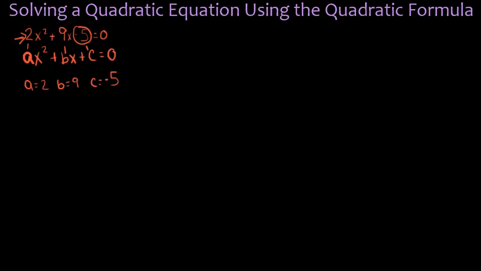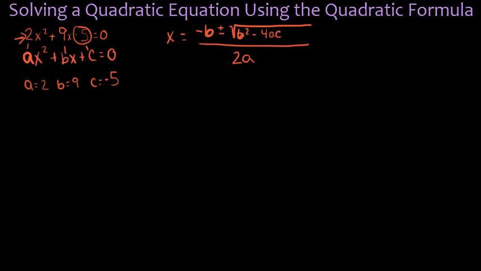So our quadratic formula is x is equal to negative b plus or minus the square root of b squared minus 4ac, so that's 4 times a times c, all over 2a. Okay, so now we just take every value that we've found and plug it into our quadratic equation.